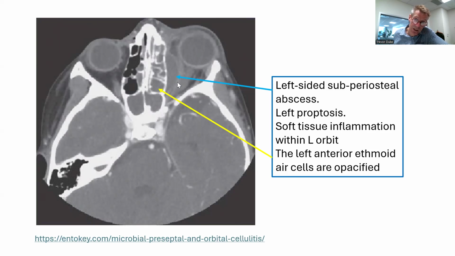So there's an abscess in the subperiosteal region of the orbit. The left globe is proptotic, it's pushed forward, and the anterior ethmoid cells are opaque, so suggesting there's fluid there and likely pus.